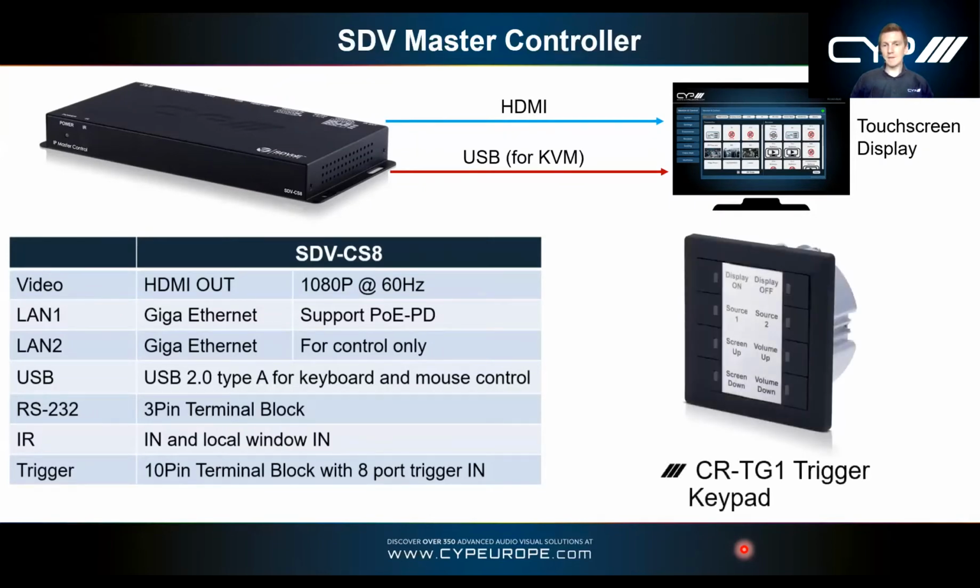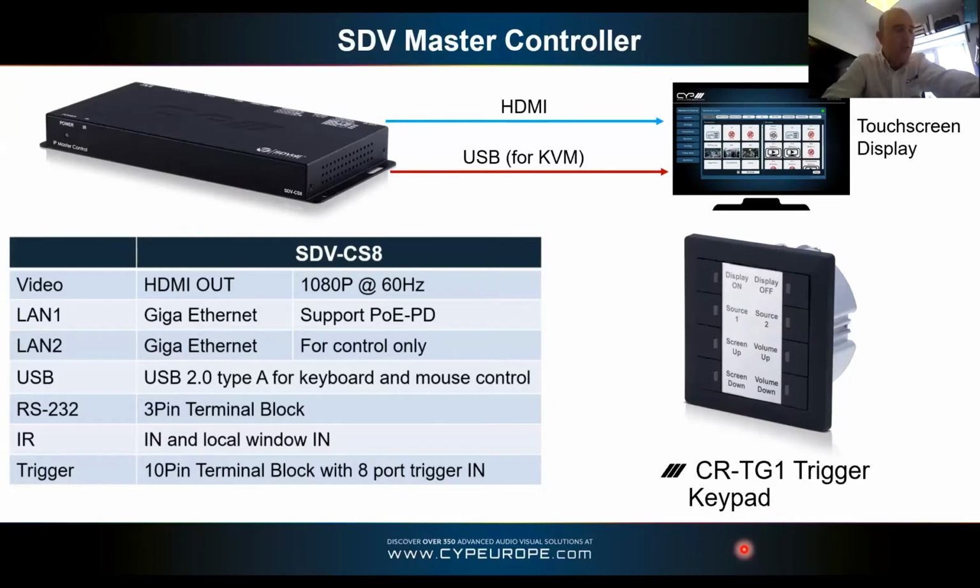You can simply plug our CRTG1 trigger keypad directly into the back of the controller, so if you have set up any presets, they can be recalled through this trigger keypad. And there are third-party options as well, aren't there, Kev, for control if you wanted to access it other ways? Yeah, like the IP systems, all of the commands to switch things around are available via Telnet and RS-232.